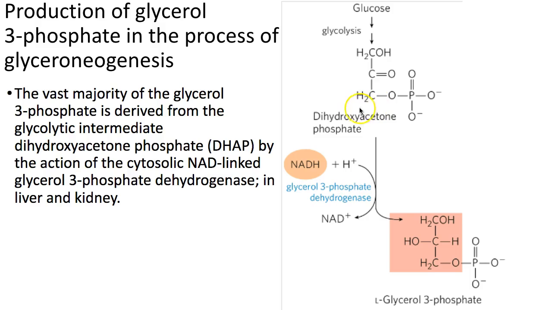From there, it goes through a reduction. You see this carbon that's double bonded to an oxygen. It is reduced to a hydroxyl group. Also notice that now the central carbon is a chiral center. It has a hydrogen, a hydroxyl group, and two other different groups, so each of the groups is different.